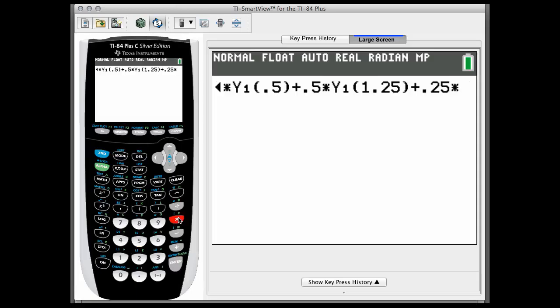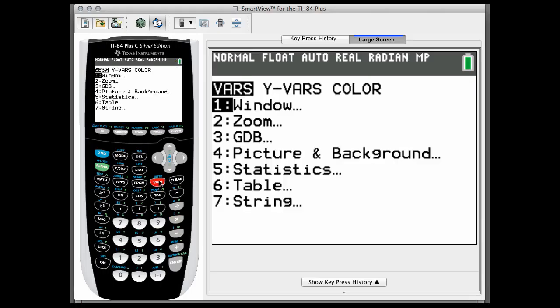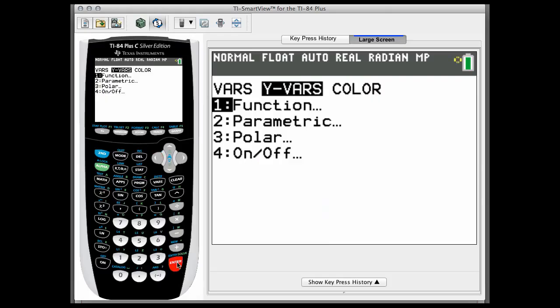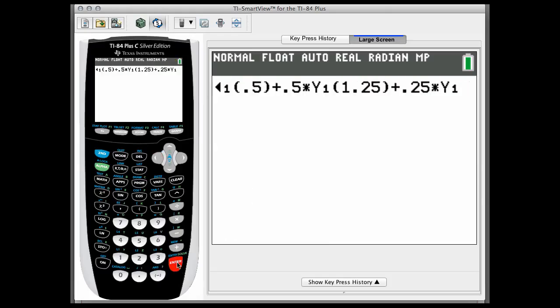And the height we evaluated by substituting 1.75 into the function. The fourth rectangle had a width of 0.5.